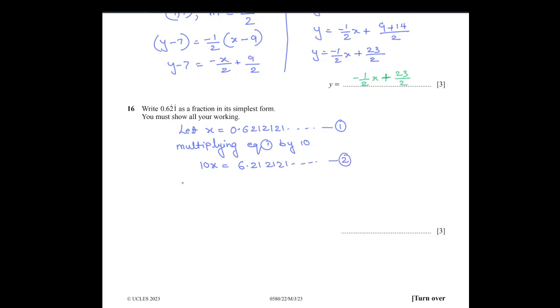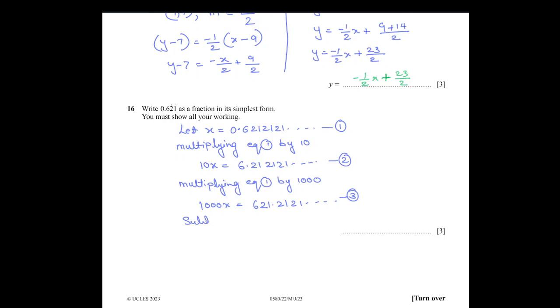Then multiplying equation 1 by 1000. Now I want 621 to be on the left hand side together, so I'll take 1, 2, 3 digits to the left side, so I'll multiply by 1000. So 1000x is equal to 621.2121 and so on. This is equation 3.